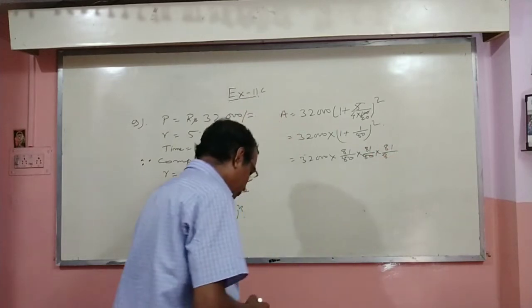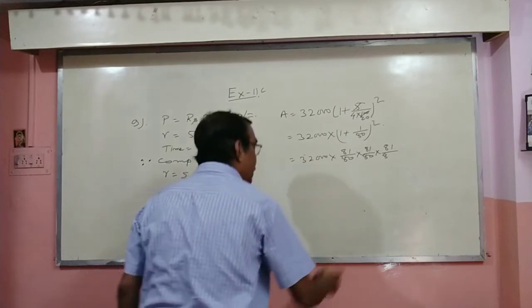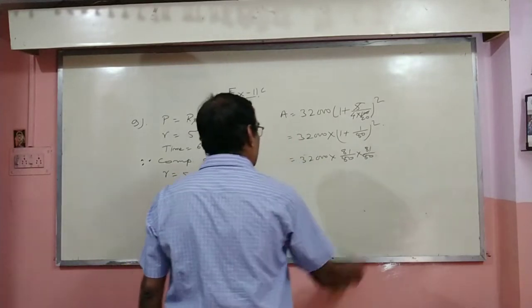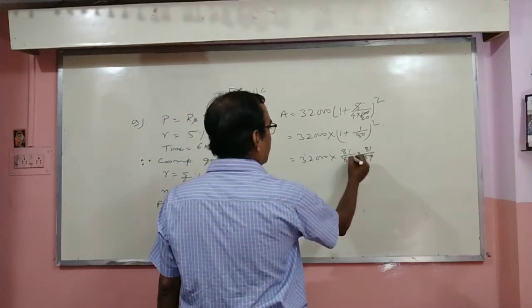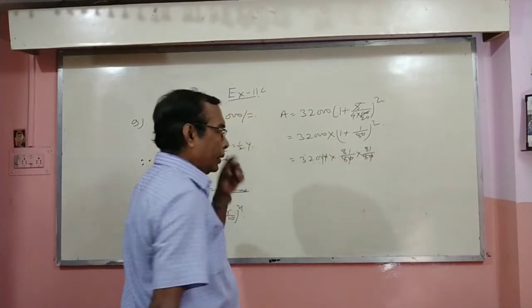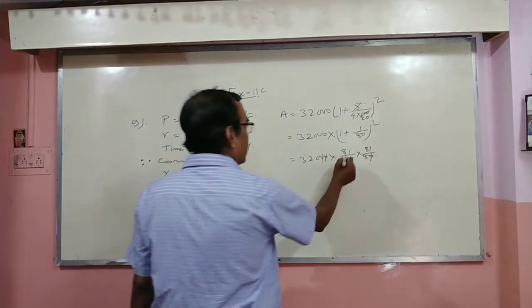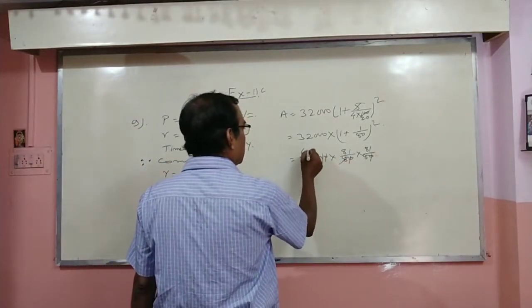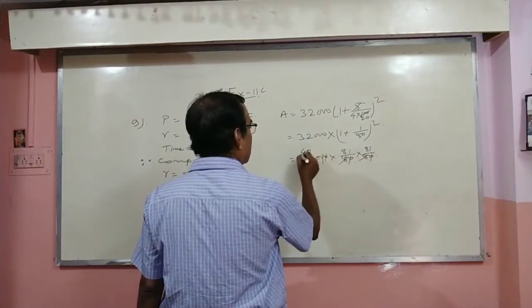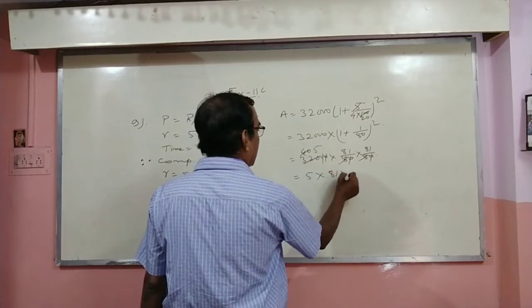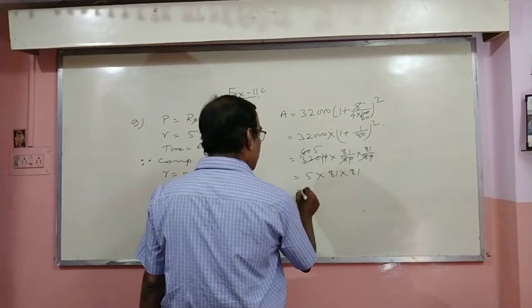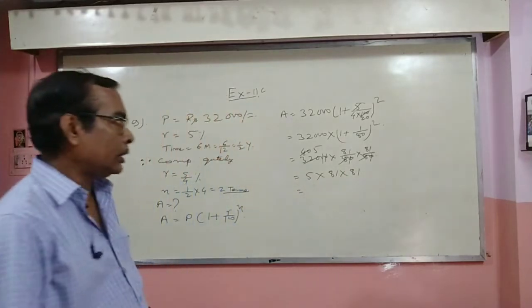Oh no, it is power 2, no? So only 2 times. Why am I going to make it complex? So this 20 is going to cancel. 8 4s are, 8 5s are, which is equal to 5 into 81 into 81. As usual, I am going to ask you to do these calculations.